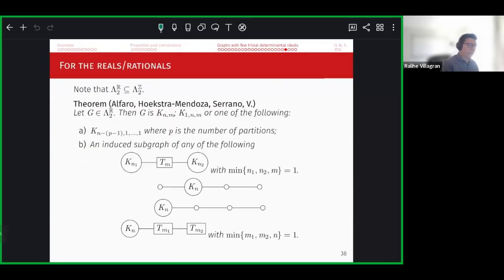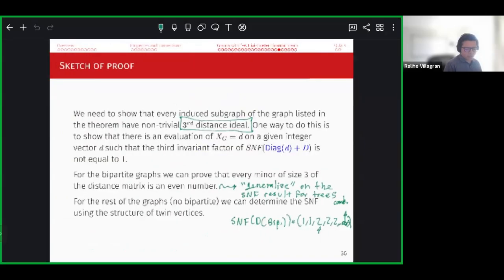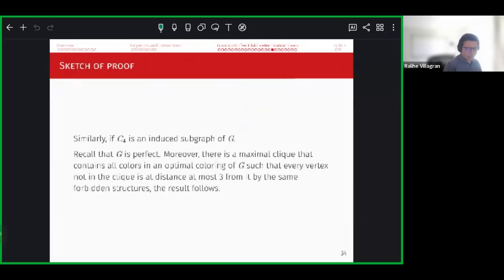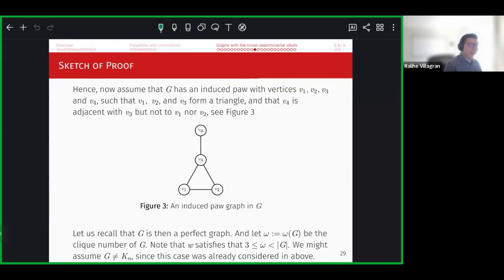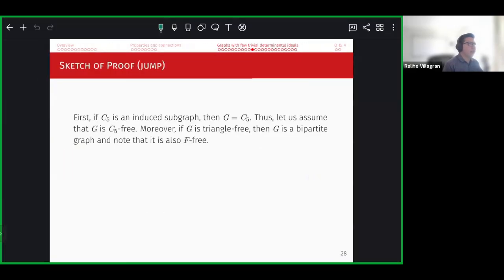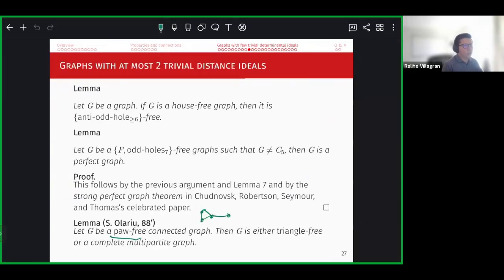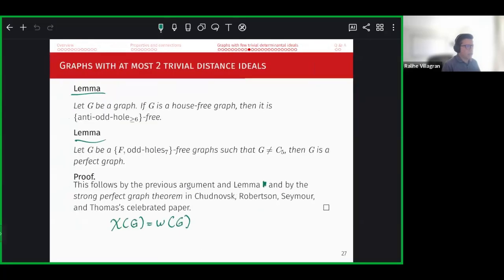So for the critical ideals, it's characterized for k equals 1 to 2 on the integers. Right. So how about the characterization over the rationals? Right. So it's characterized over the integers for 1 and 2, and for 3 it is still not done.